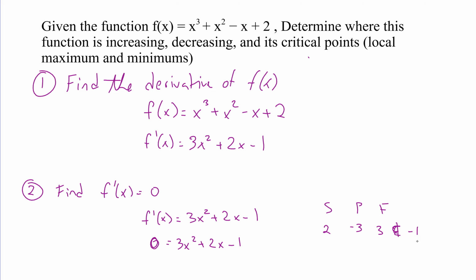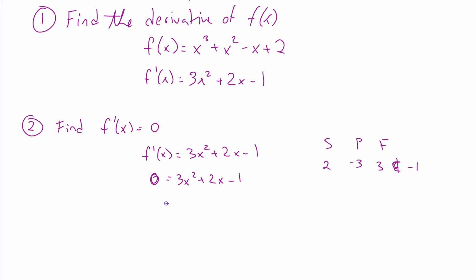negative 1. Therefore, we have 3x squared plus 3x minus x minus 1. We'll put these two together and these two together. So 3x times x plus 1 minus 1 times x plus 1.